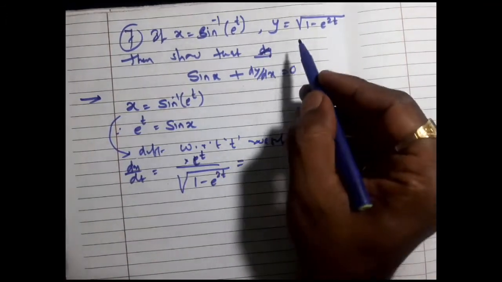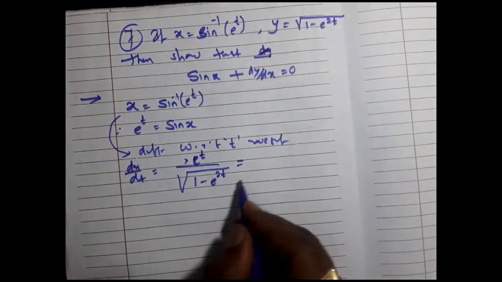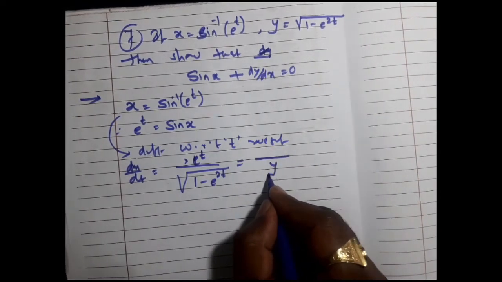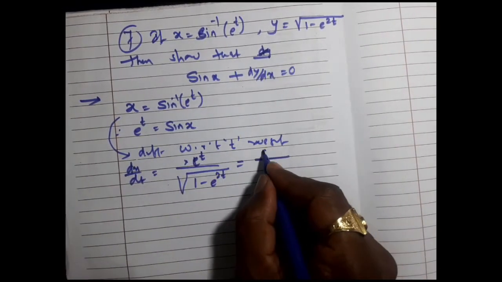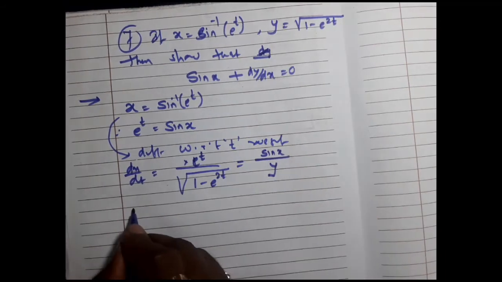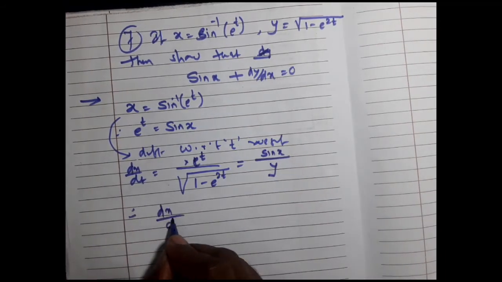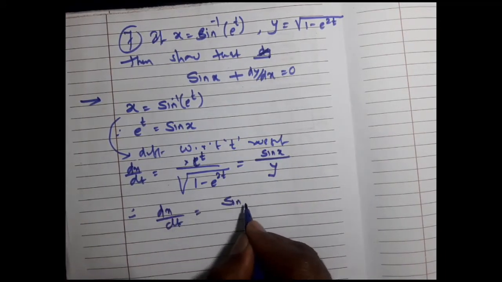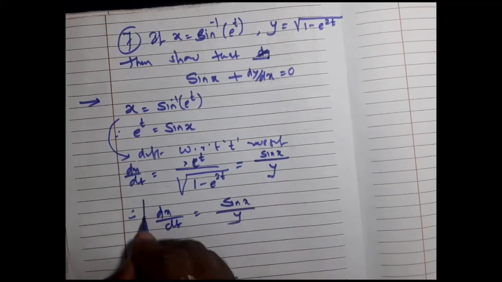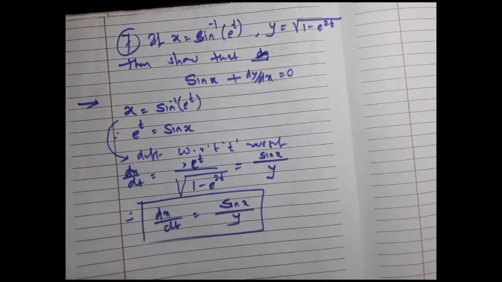Now to come to this, what is y? Root of 1 minus e raised to 2t, so this is y, and e raised to t is sin x. Therefore dx by dt is sin x upon y.